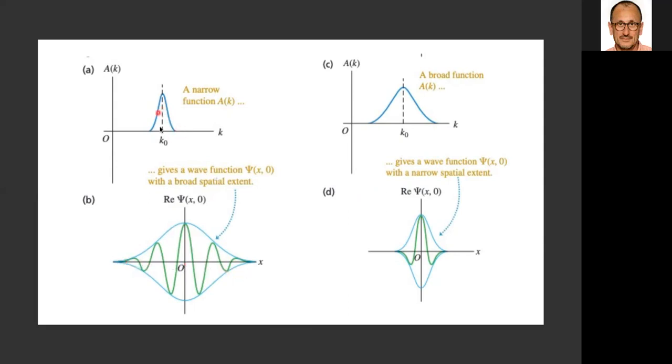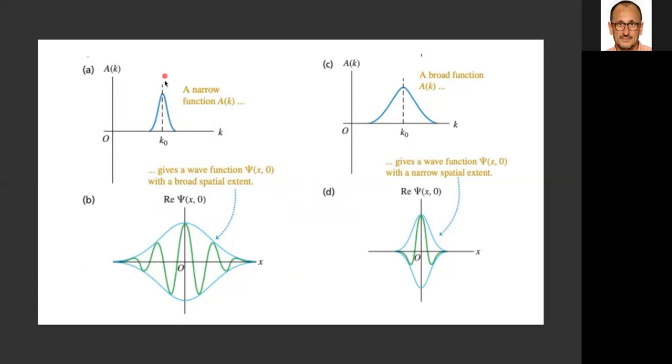Here the uncertainty principle is working again. Remember, K is equivalent to momentum, and x is equivalent to x. So I have a narrow momentum here. It produces, in space, a real part of the wave function which is fairly extended. So something like this produces a phi squared which is fairly broad in space.